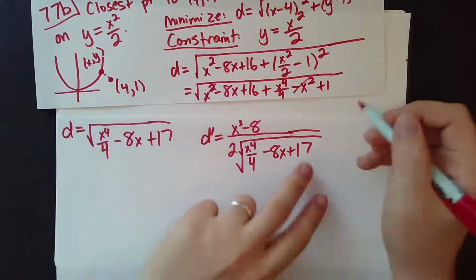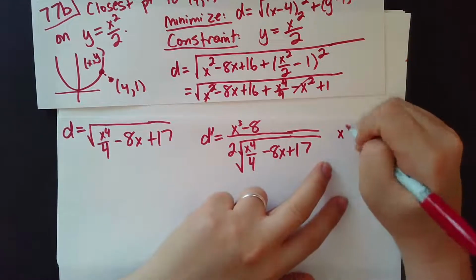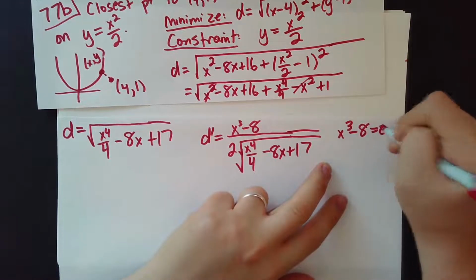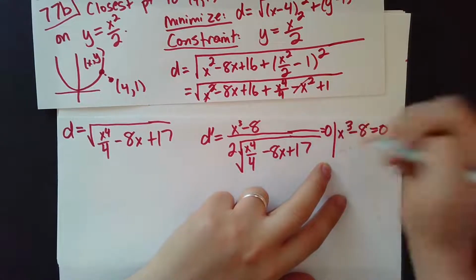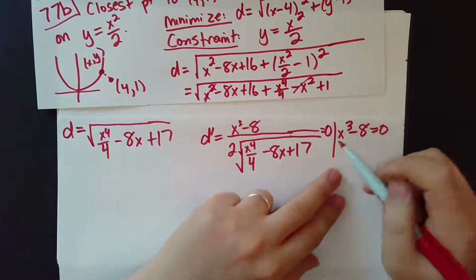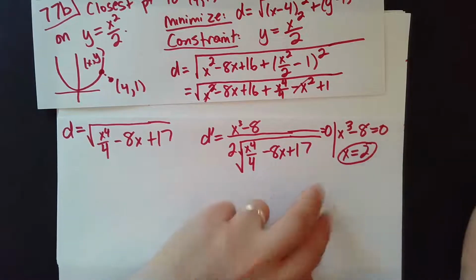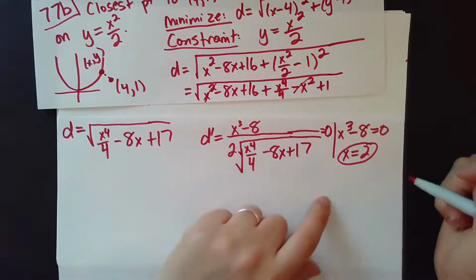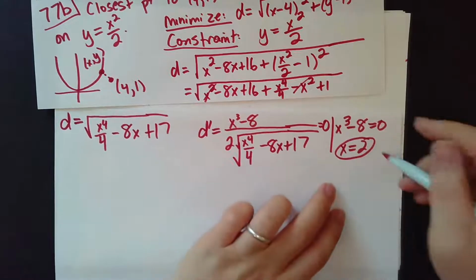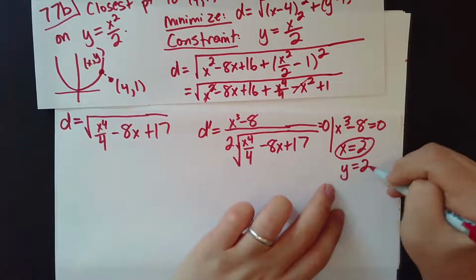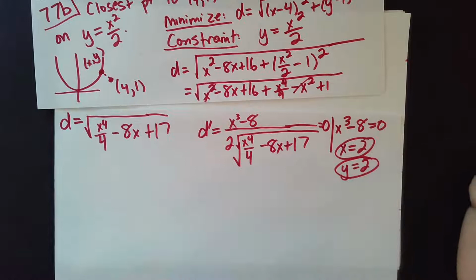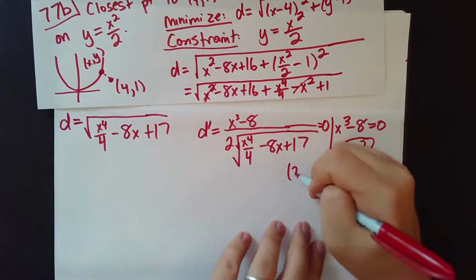So I end up here solving x cubed minus 8 equals 0, because again, I'm only looking at the numerator. And x cubed minus 8 equals 0 happens only when x is 2. And so when x is 2, it turns out y is also 2. And so that gives you that the closest point on the graph is (2, 2).